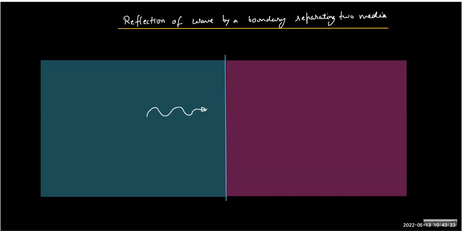So this traveling wave is coming towards this boundary. Once it hits the boundary, a part of this energy will go into the other side. You can see it will have some amplitude of oscillation. Let's call it A, and better we call it AI, the incident wave amplitude.